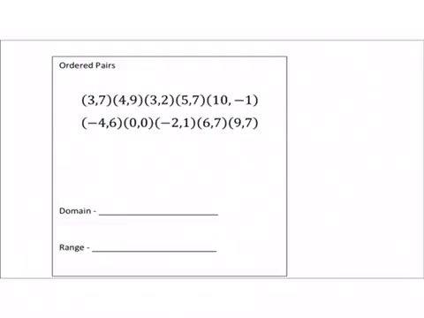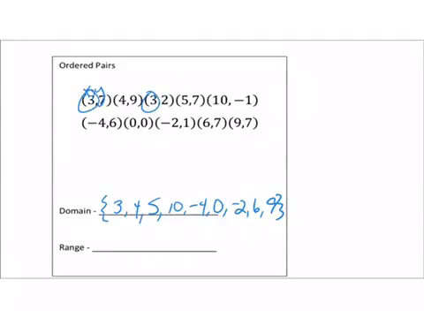Our next example, we have some ordered pairs. Again, remember, in each ordered pair you have an x and a y value. So our domain here will be the set of 3, 4, 5, 10, -4, 0, -2, 6, and 9. Notice I had a 3 here and a 3 here, and I didn't list it twice.